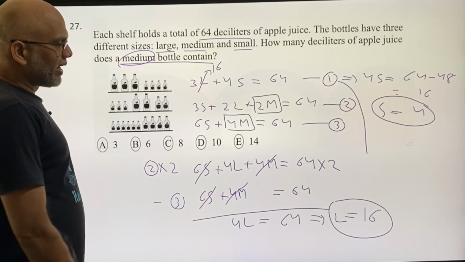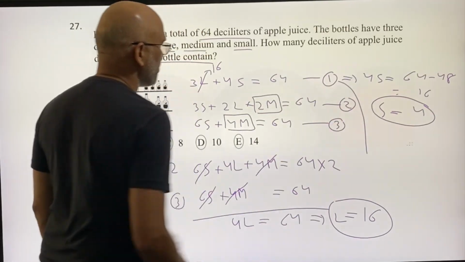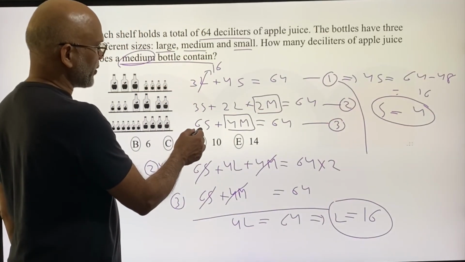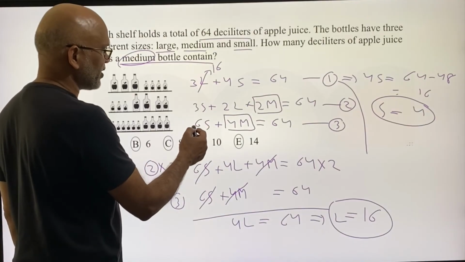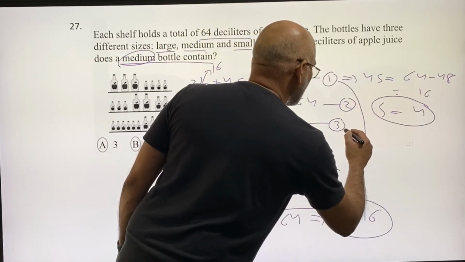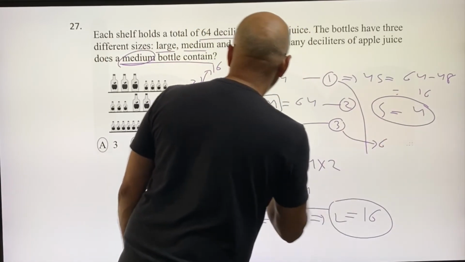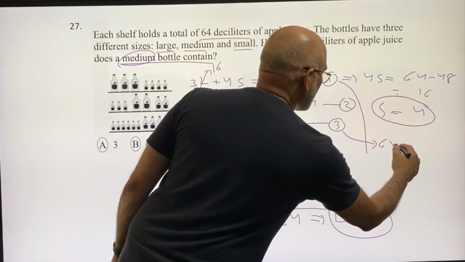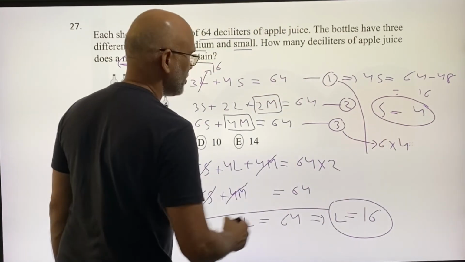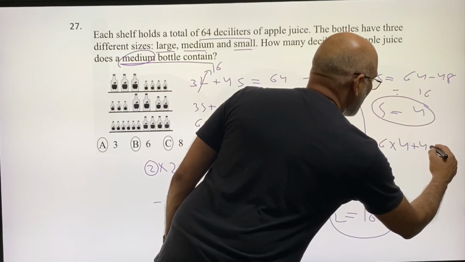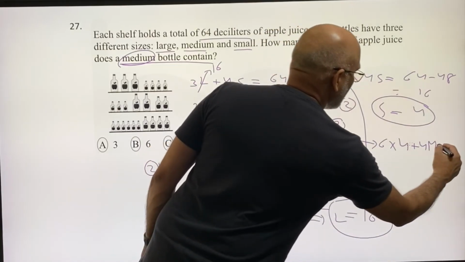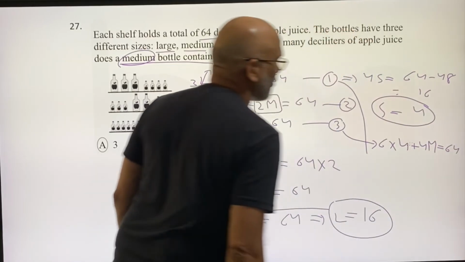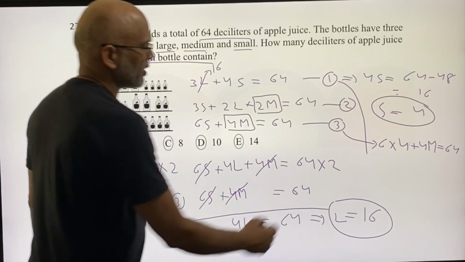Now I know the large, I know the small. I can just use this equation. I just need the small here. From equation 3, s is 4. 6 times 4 plus 4m is 64, right? So this is 24.